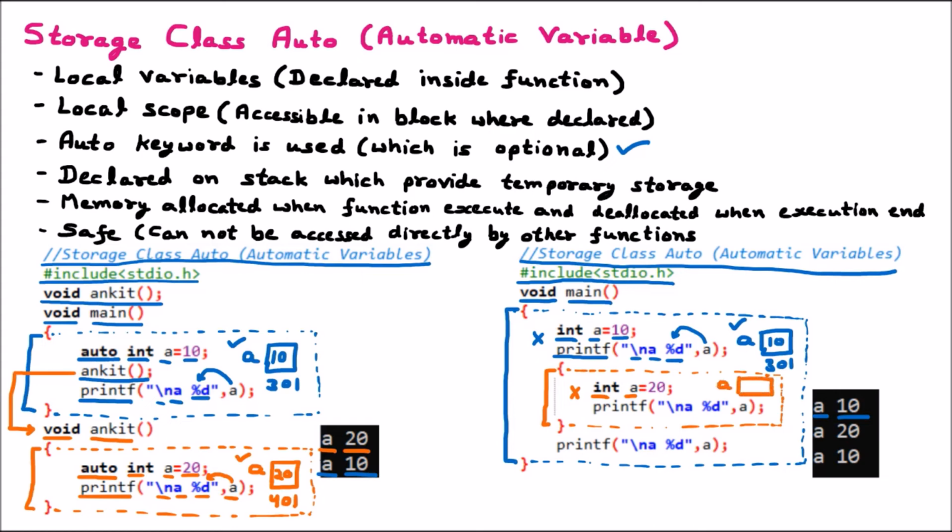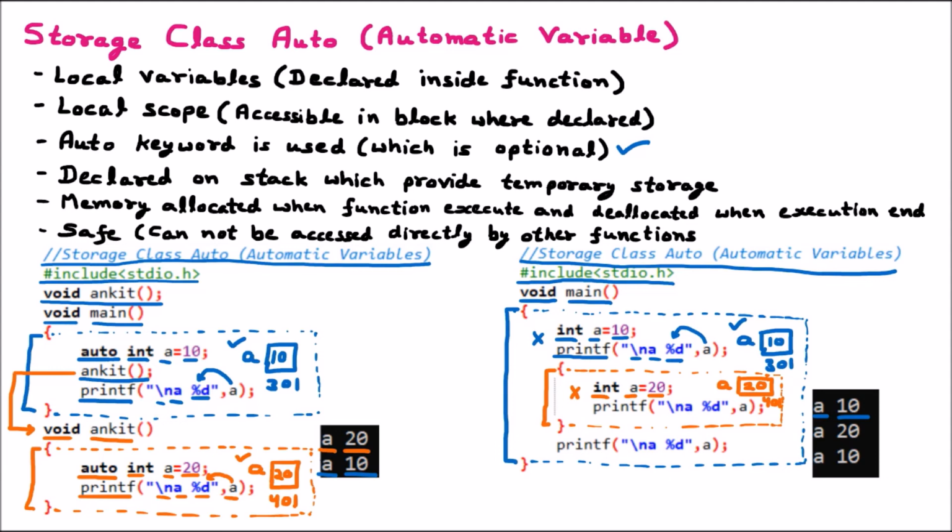We are assuming that its address is 401. You understand one thing? These two are different variables. Above a and below a, both are different. Understand that their address is different and the value they are containing is different because here we have used 2 times int a. Int a means declare a variable.